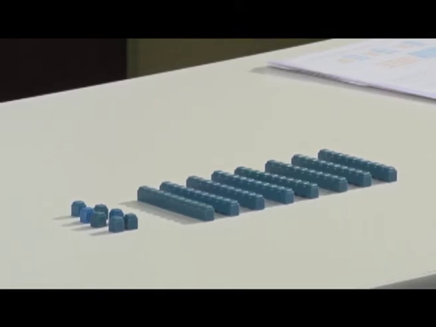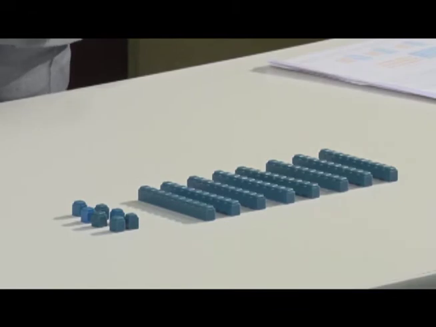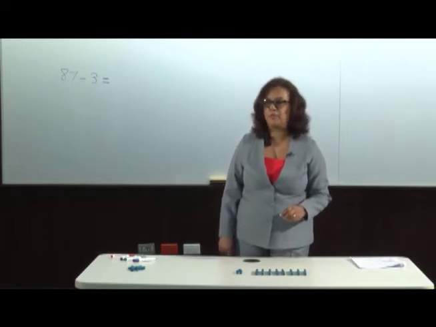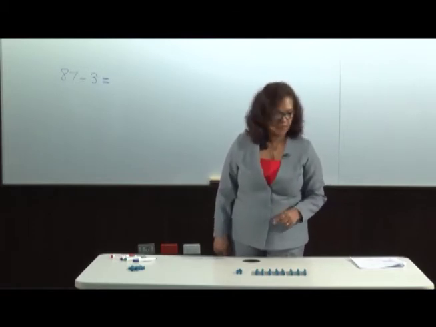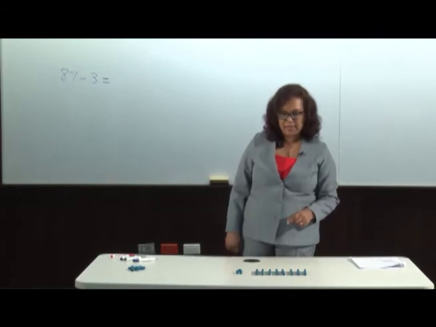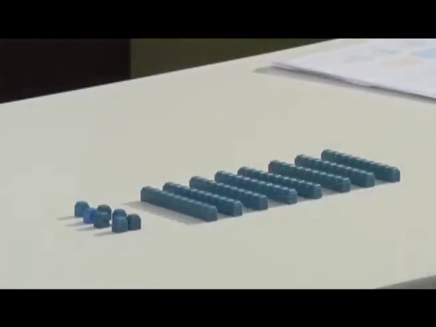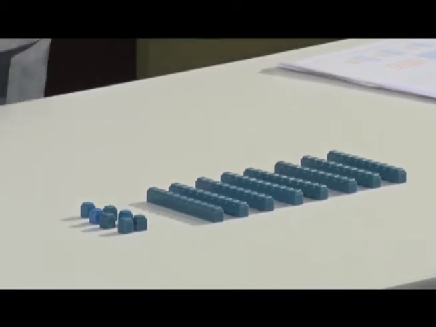One of the things I want you to understand as well is with all of our operations, place value is very important, very significant. So if you are a little bit shaky with place value, you need to do some revision on place value because it will strengthen your use of all the operations and especially division. So I have my 87 and I want to divide this by 3.